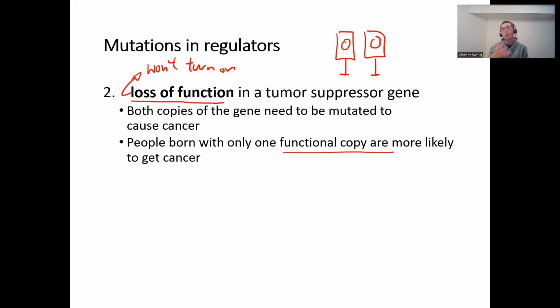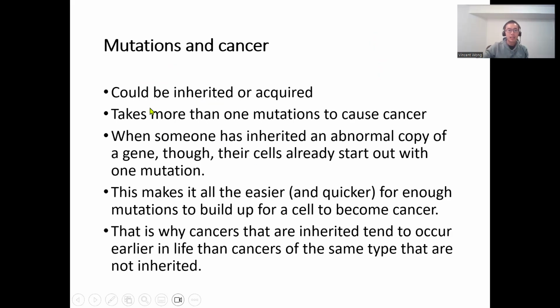But for people who have regular genes that are not mutated, it would take two mutations in the same cell in order for the cancer to happen, right? So for that reason, cancers for some people who have inherited an abnormal copy, they already start out with one mutation.